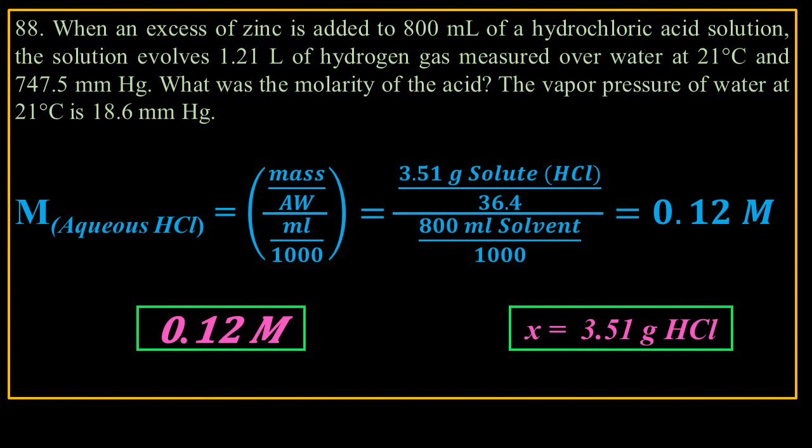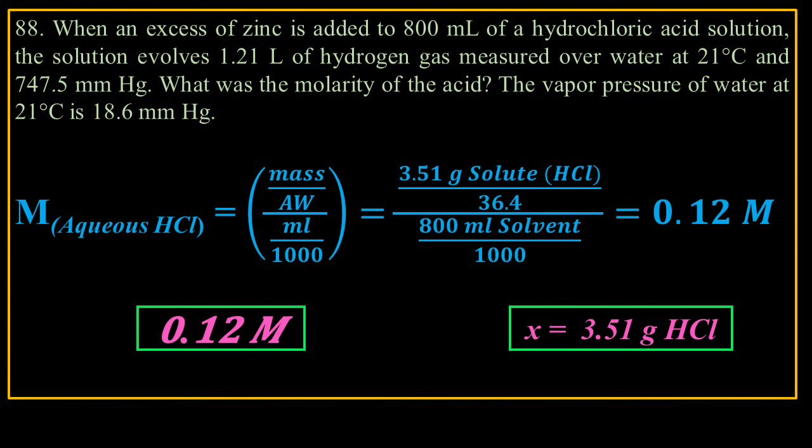So what I did was, using the method of mass to mass, and using the relationship between volume and moles at STP, I determined that I had 3.51 grams of HCl, and I had 800 milliliters of solvent.